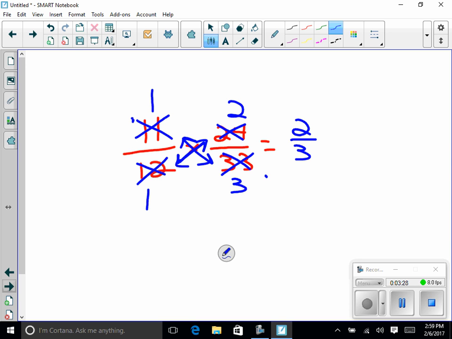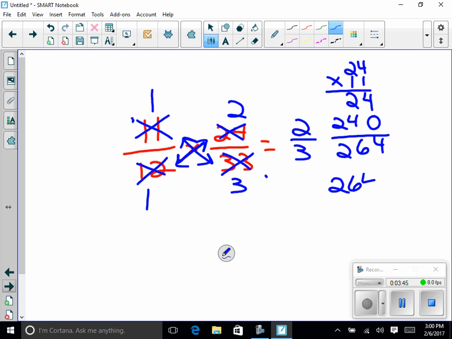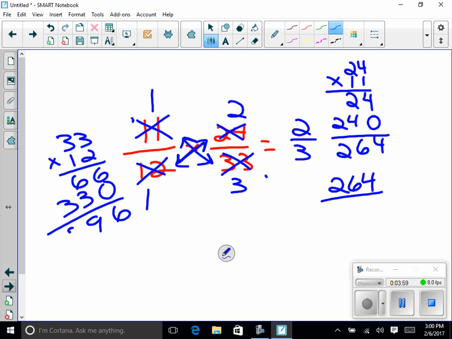Now this one really shows the big time changes that would happen, because if not, you were going to have to do 24 times 11. You're going to have 264 on top. And then you're going to have to do 33 times 12 for the denominators, 396.